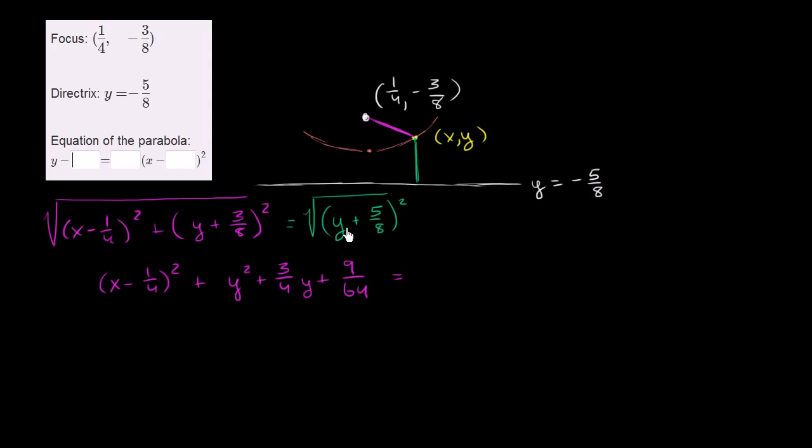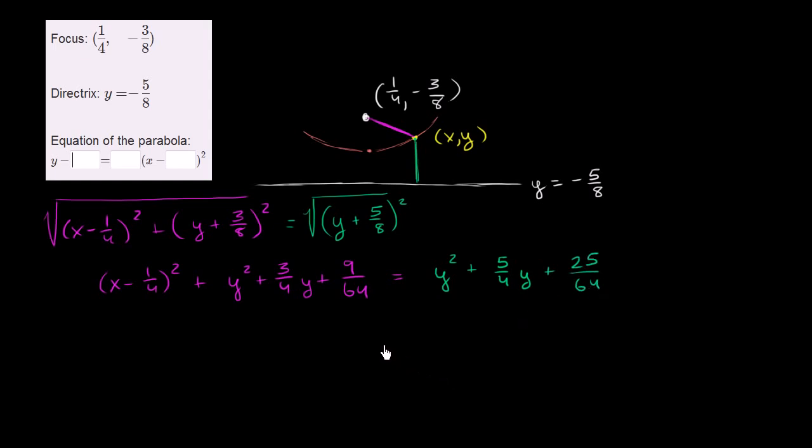Let me actually expand that out as well. So that's y squared plus 2 times 5/8, which is 5/4, so 5/4 y plus 25 over 64.